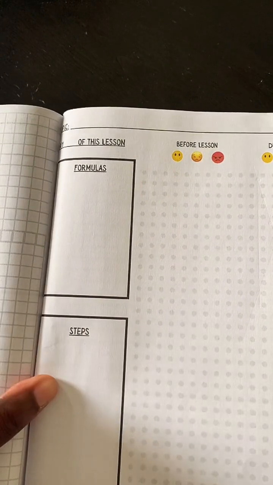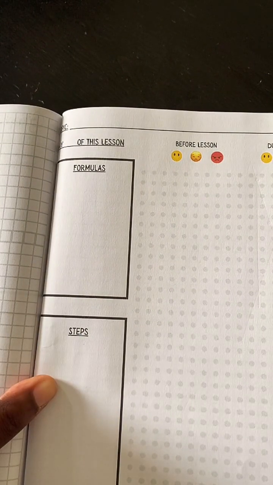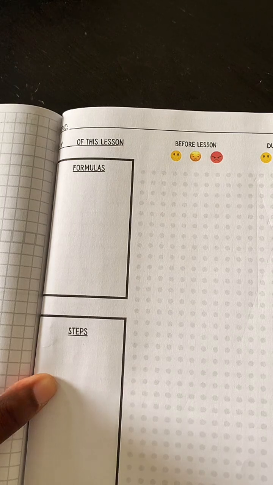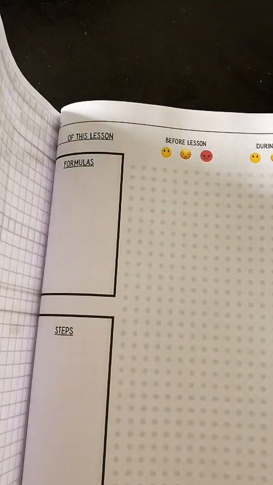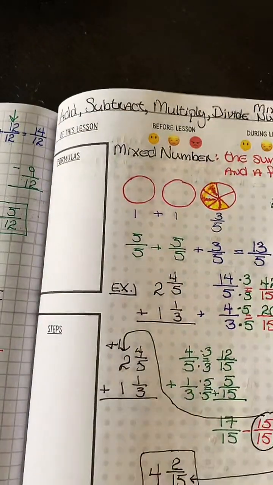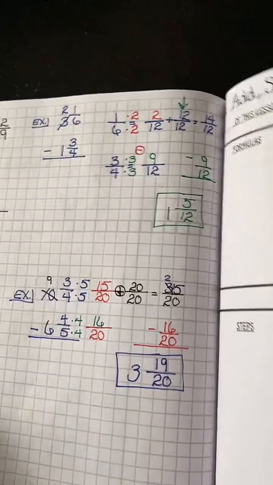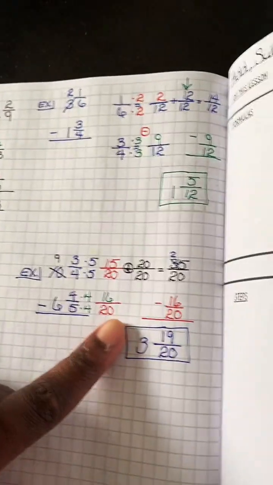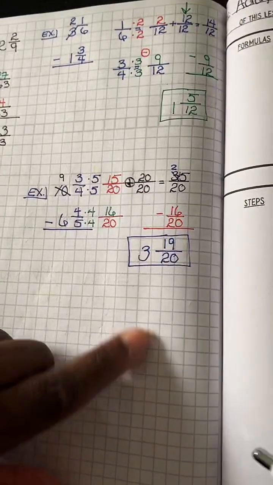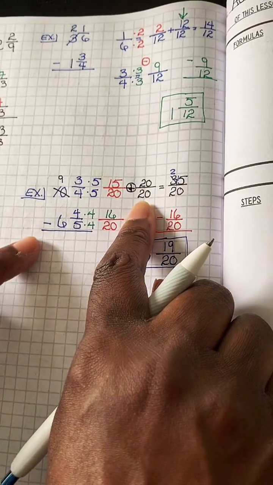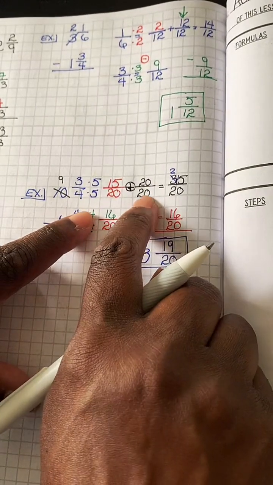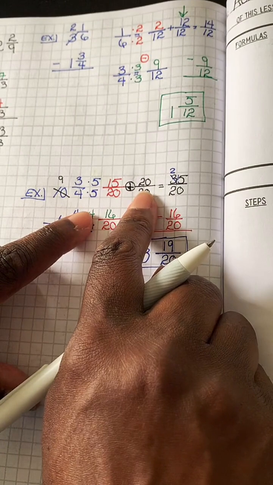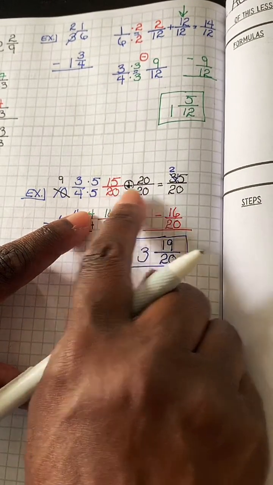I'm doing okay. So when I borrow the 1 from the whole number, how did it become 20 over 20, not 16/20ths? Because since we're adding a whole number to this fraction, you're not just adding 1 over 1, because we need to have a common denominator.